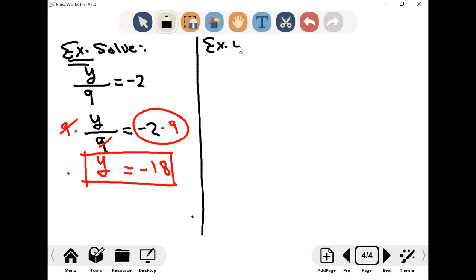Example 4. Focus. Solve a over negative 4 equal negative 9. The variable a, the divisor, and we have division.